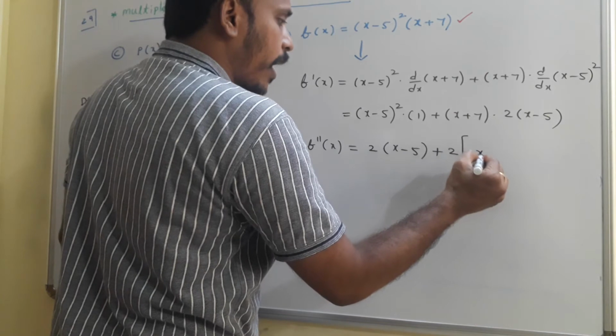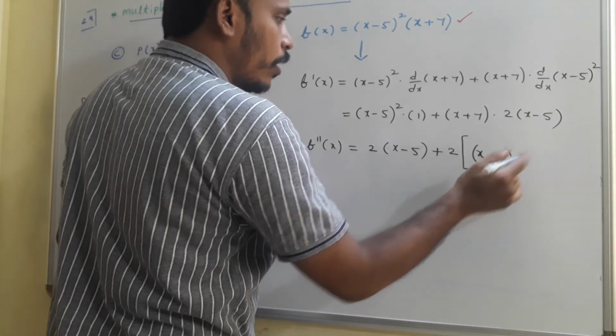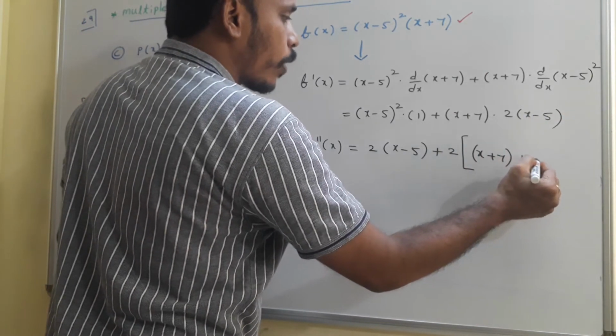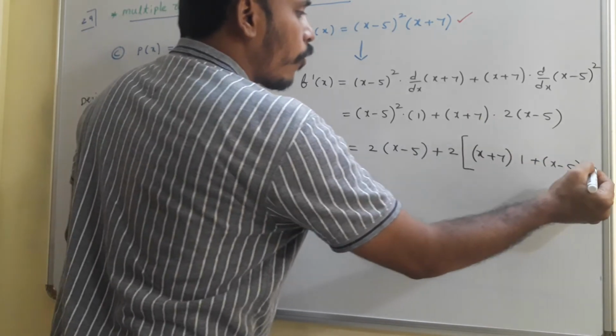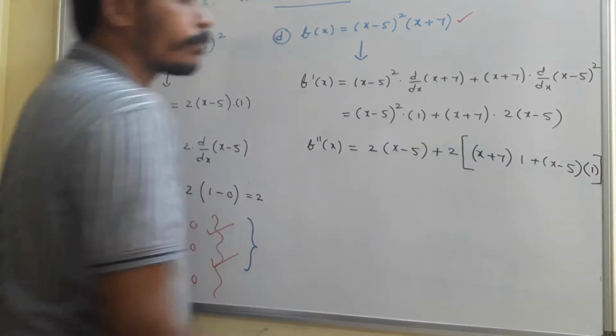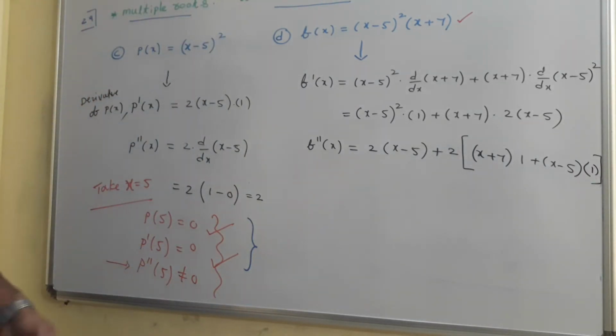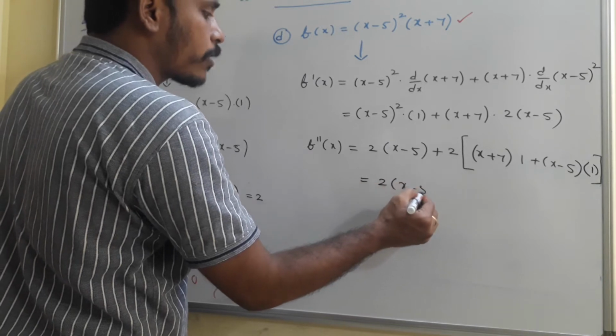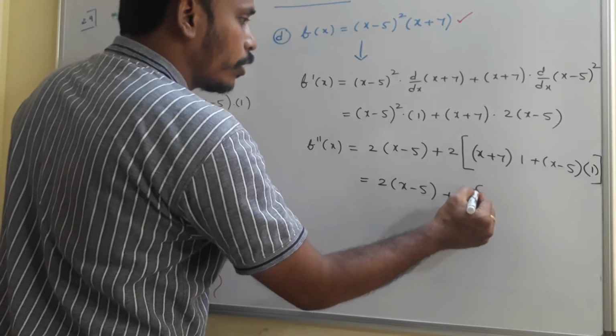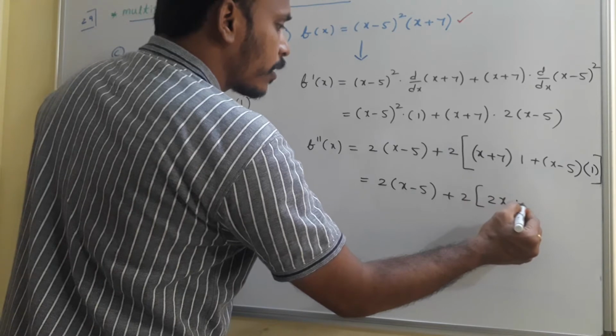First function (x plus 7) into the derivative of (x minus 5), which is 1, plus (x minus 5) into the derivative of (x plus 7), which is 1. Now simplify. This equals 2 times (x minus 5) plus 2 into 2x plus 2.